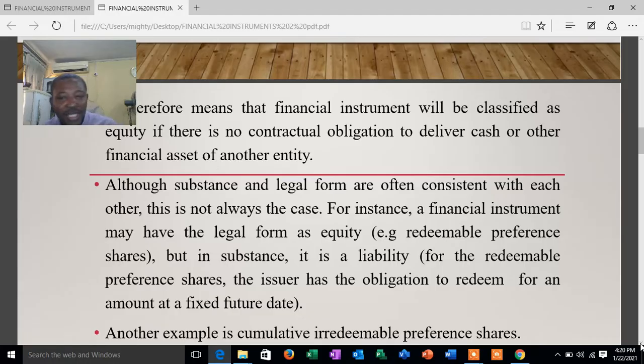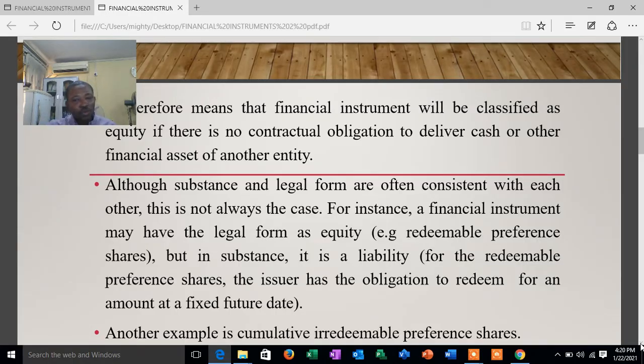Why do you call it a liability? You remember that the word redeemable stands out in this. When you say something is redeemable, it means that the issuer has the obligation to redeem that value for an amount at a fixed future date. So since there is an obligation to do what?